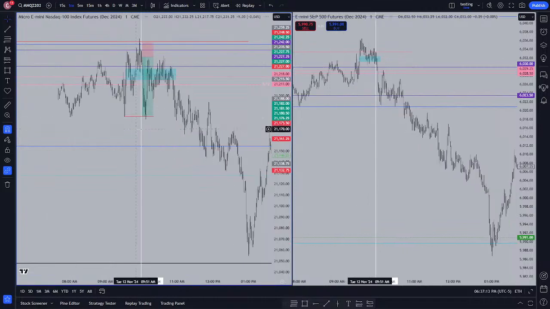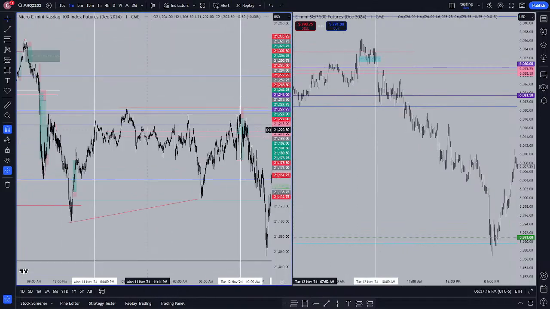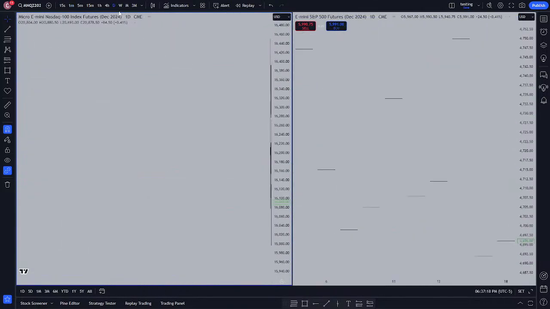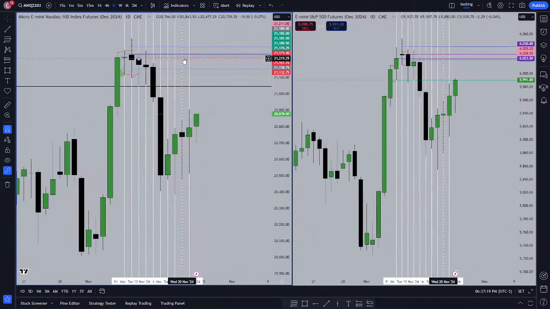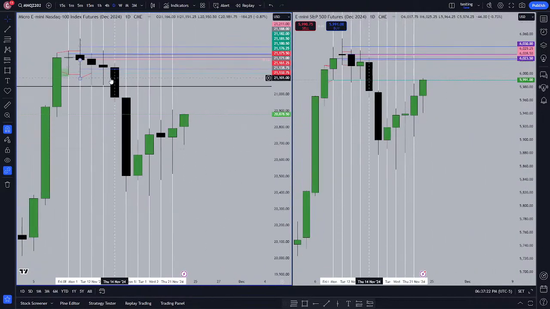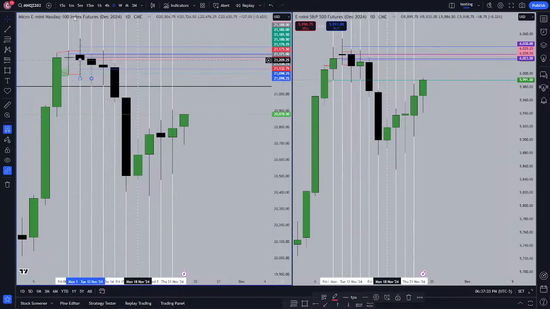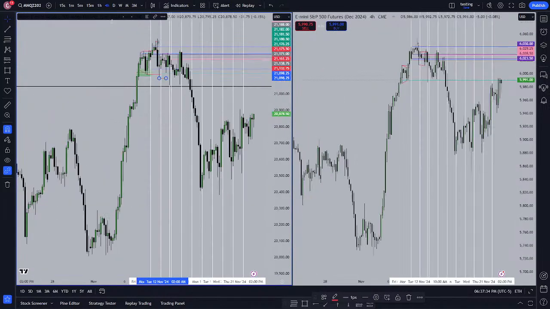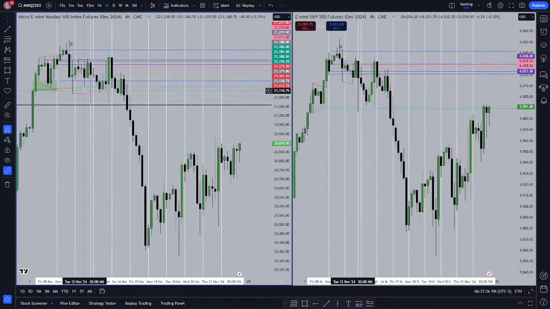Now you are hoping that it reverses and you now have the daily low as a target. And that is not fun.